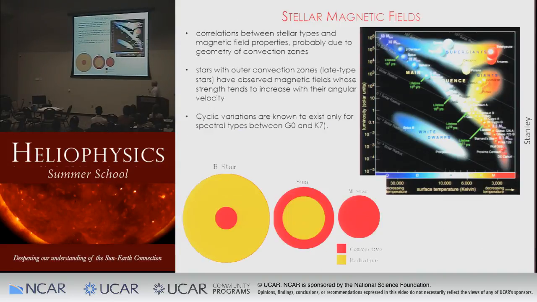Let's just skip over that because we're going to start thinking not only in terms of our solar system, but there's now been a lot of science done looking at planets orbiting other stars. So we're going to start to say, if our sun behaves like this, does that apply to all the other stars? And one of the things you always see in your introductory astronomy class is what's known as the Hertzsprung-Russell diagram.